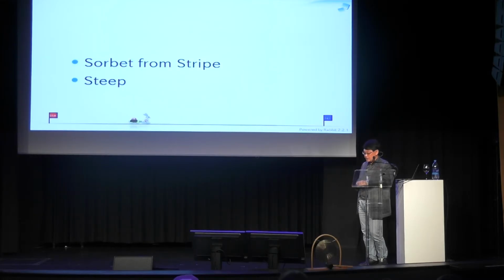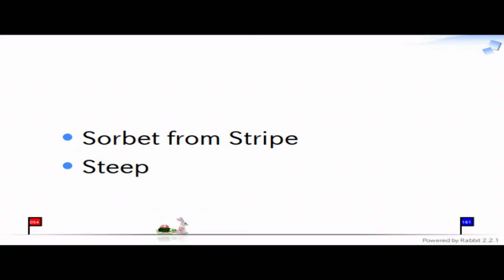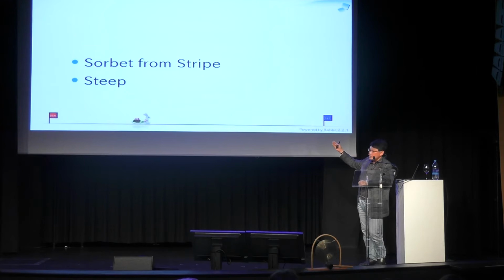Well, then the level 2 static type checkers. Currently we have two, actually three type checkers including the original RDL. The first one is Sorbet from Stripe, which is the sponsor of this conference. And Sorbet was recently open sourced, yesterday.